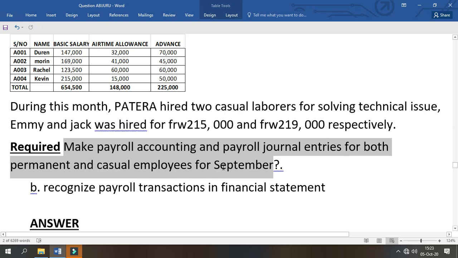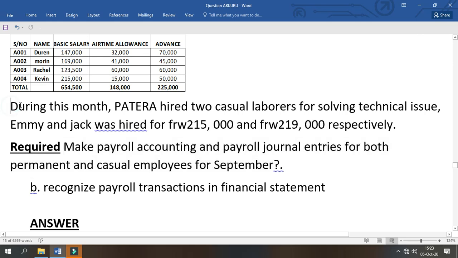The question provides the table showing the basic salary, airtime allowance and advance for the permanent employees, and also states that during this month Patera hired 2 casual laborers for solving a technical issue.